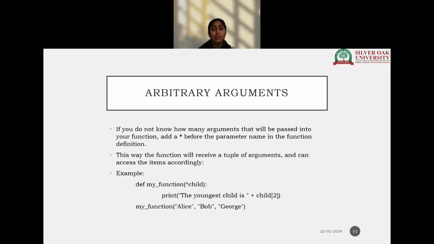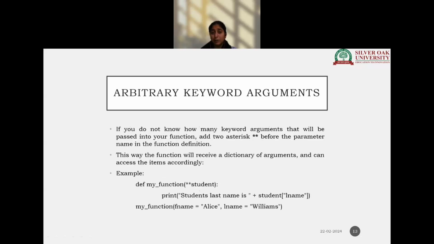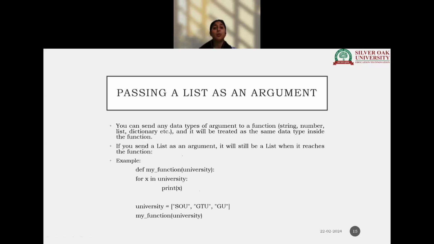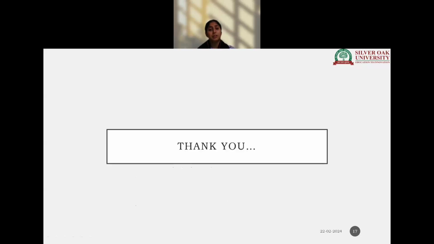Arbitrary arguments, where we don't know how many arguments will be passed by the user. Keyword arguments, where we don't know in which sequence the arguments will be passed by the user. Arbitrary keyword arguments. Default parameter, passing the whole list as an argument, and returning the values to the functions.